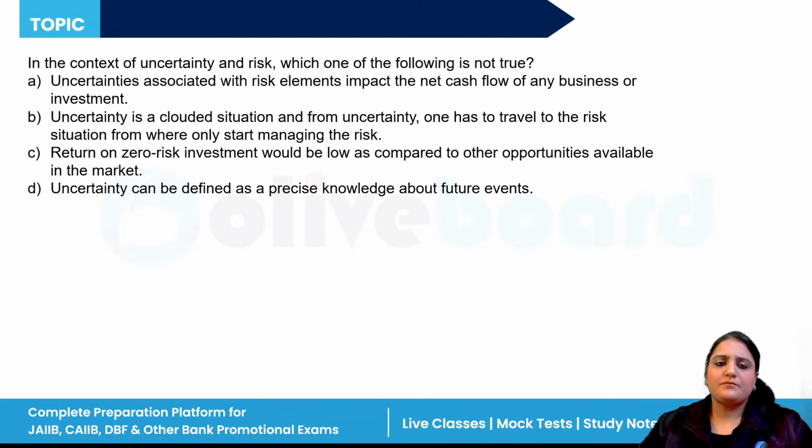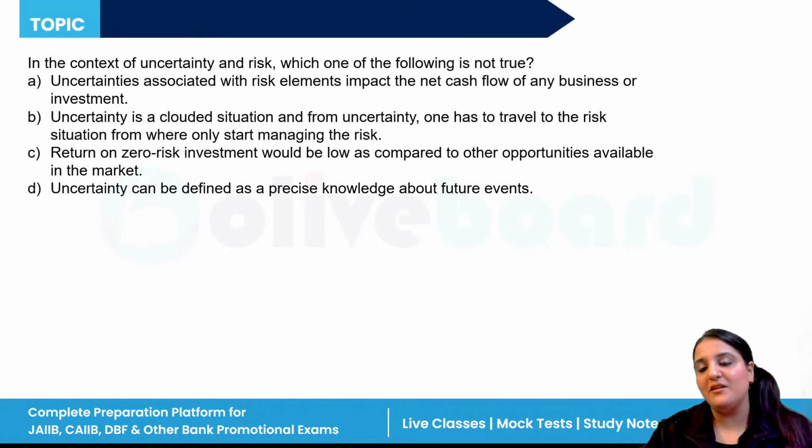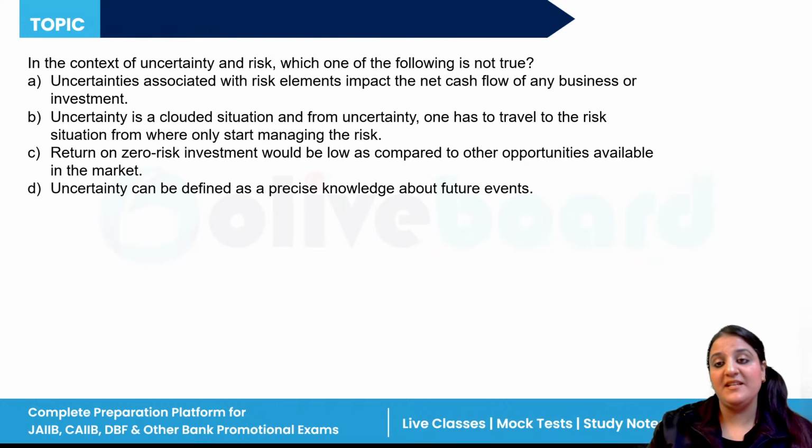See, uncertainty is always vague, meaning it is unclear knowledge about any type of future events, whereas risk is a kind of uncertainty which can be systematically assessed through a reasonable or reliable distribution of outcomes.